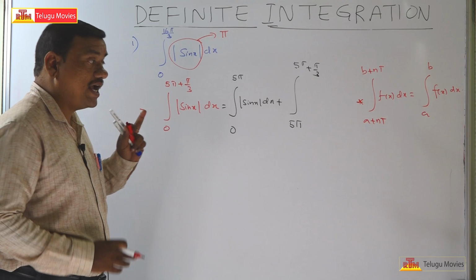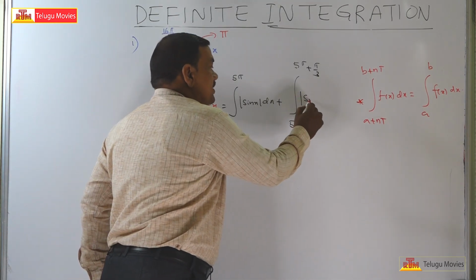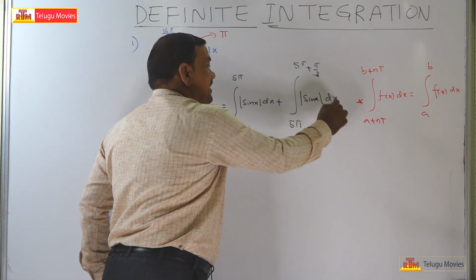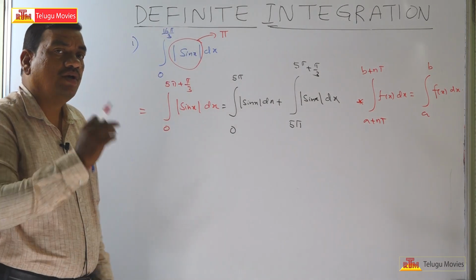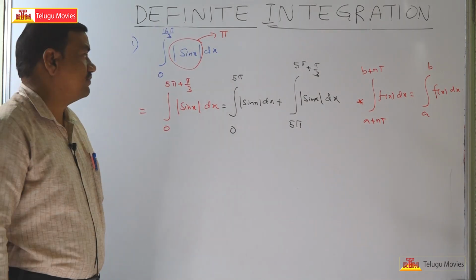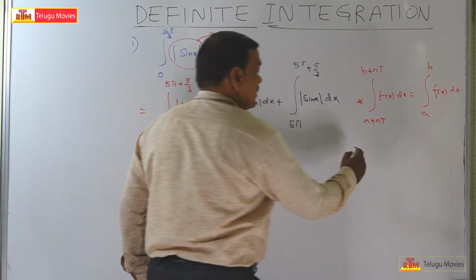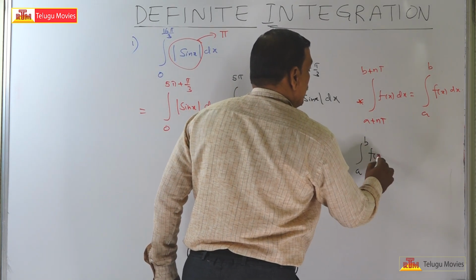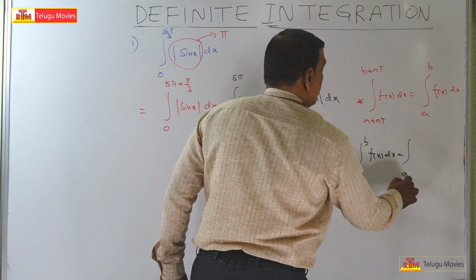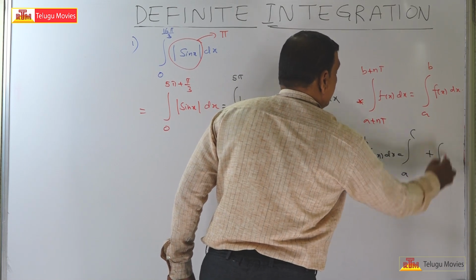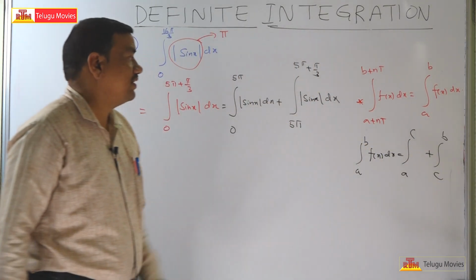Very clear that I have made use of the properties of definite integration. This is a property: integral a to b of f of x dx is the same as a to c plus c to b.